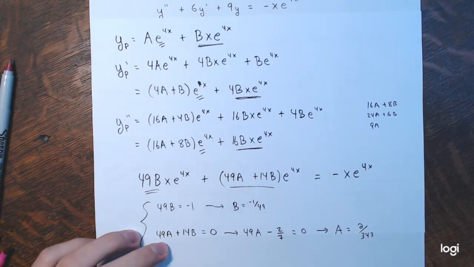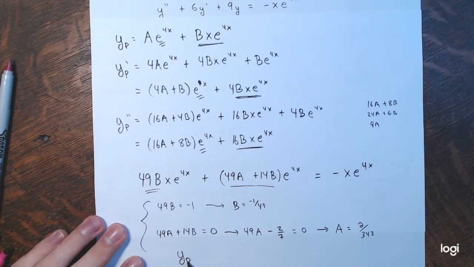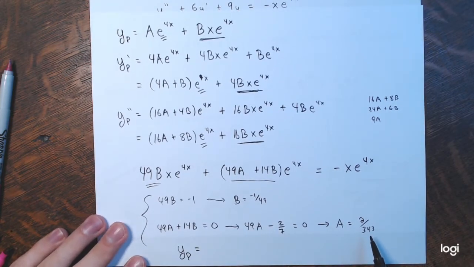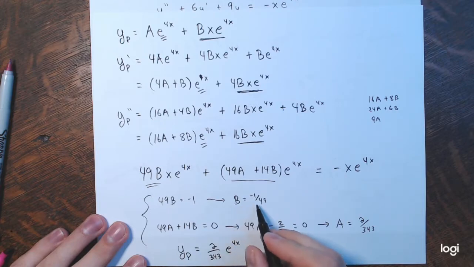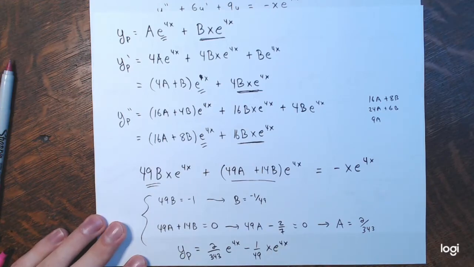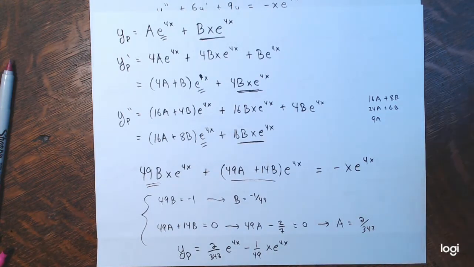Right. So the particular solution is 2 over 343 times e to the 4x, then minus 1/49 times x e to the 4x. And now I can state the general solution.